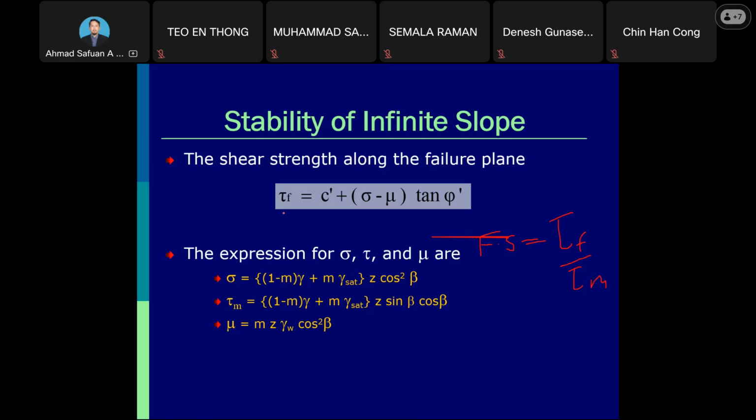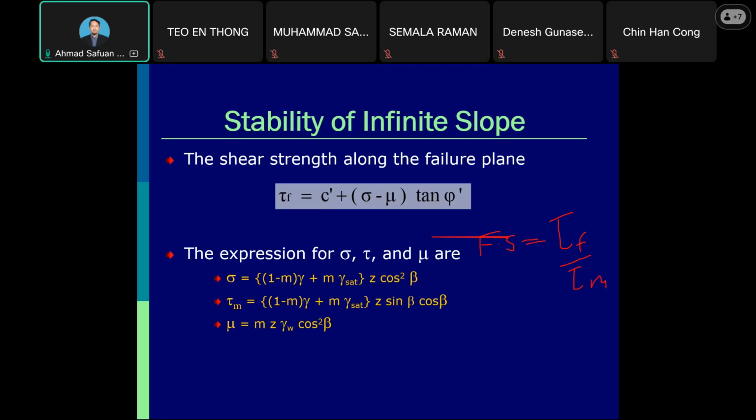So here we have the tau f, and also the derivation of the other equation. For example, we have sigma and we also have mu, then we have tau m there. So in order to determine the factor of safety, you need to solve the tau f, including the sigma and mu, and then divide it by the tau m.